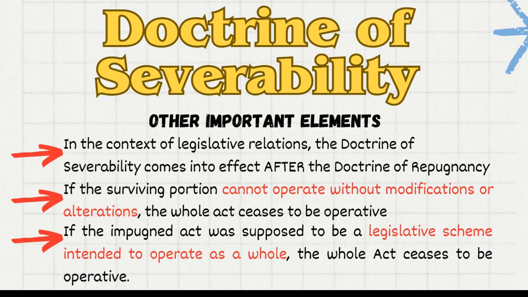Why is that? One of the basic rules of separation of powers is that judges cannot legislate. Therefore, modifying the impugned act will amount to judicial legislation, which is not permissible in India. And lastly, if the act under challenge was expected to operate as a complete code, or if it was supposed to be a whole legislative scheme and certain portions of the act are declared unconstitutional, the entire impugned act ceases to be operative.